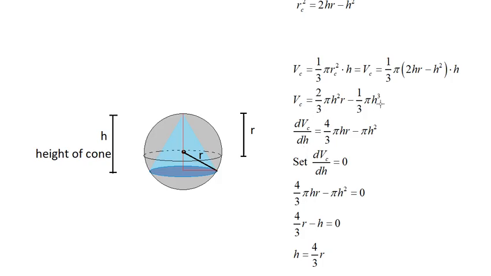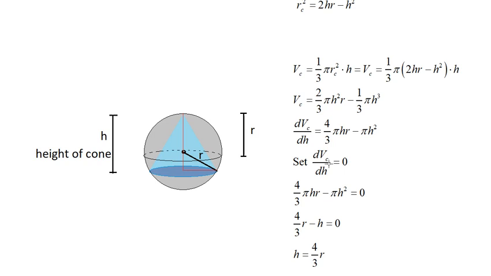So here we're taking the derivative with respect to h. So the derivative for 2/3 pi h squared r will be 4/3 pi h r. And then for this term, the derivative will be pi h squared.